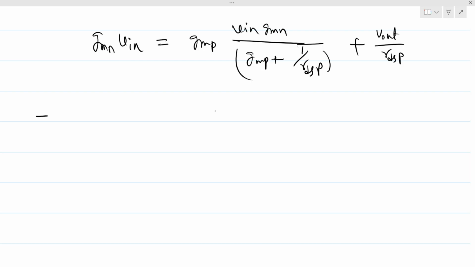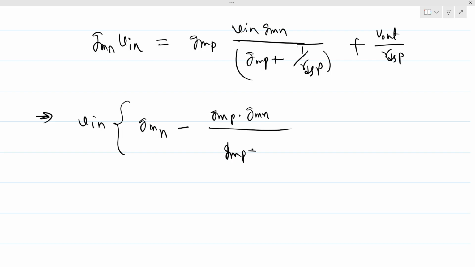So I can take common. So V in is taken common. So this will be GMN minus GMP times GMN divided by GMP plus 1 by RDSP, right? V out by RDS of P.